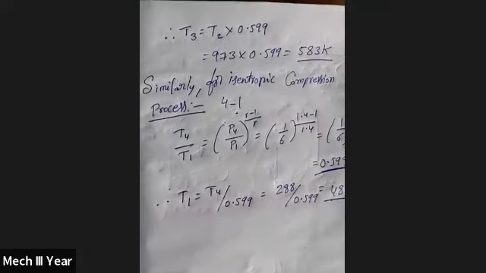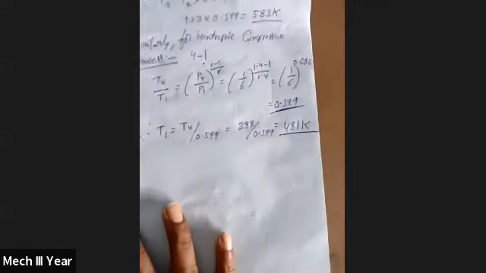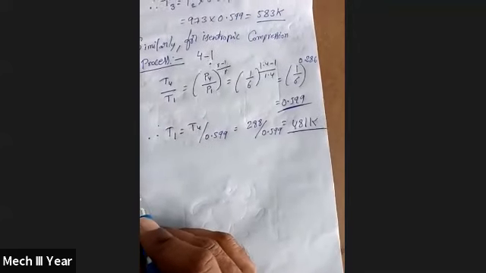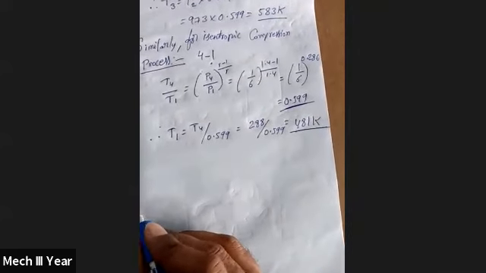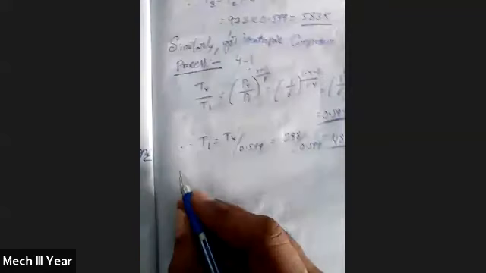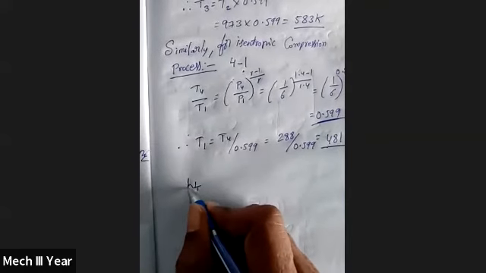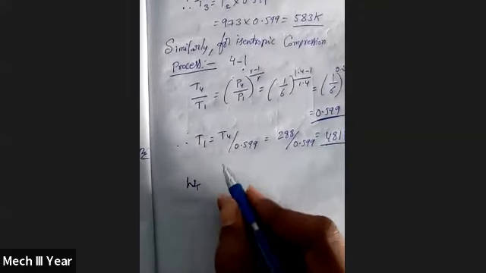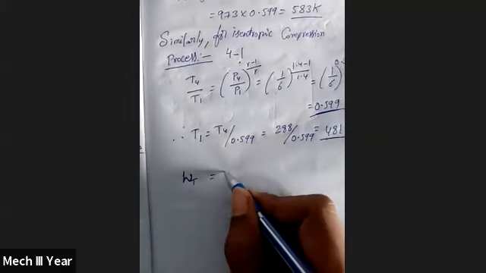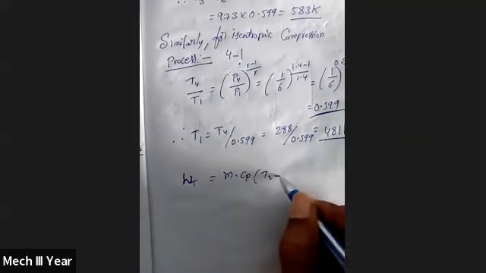Why? Because here we are going to find the heat supplied, so we need all those values. Now we are going to see the work done by the turbine per kg of air. WT is equal to M into Cp into T2 minus T1.